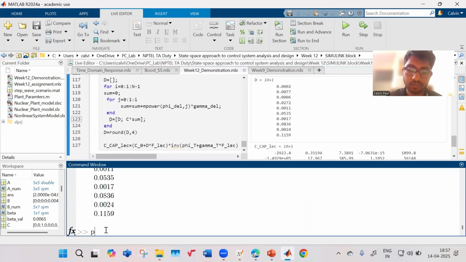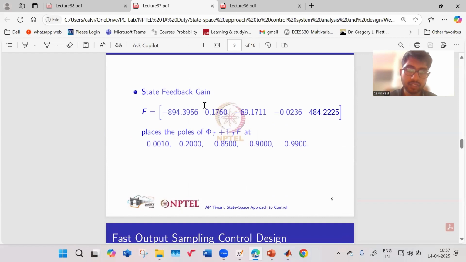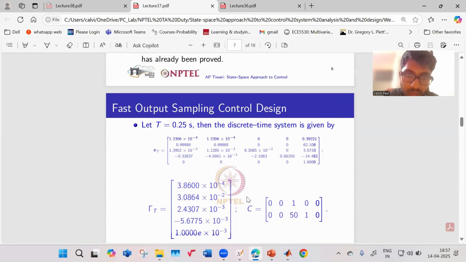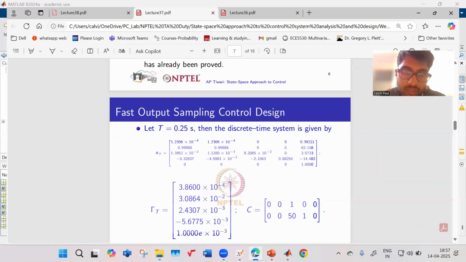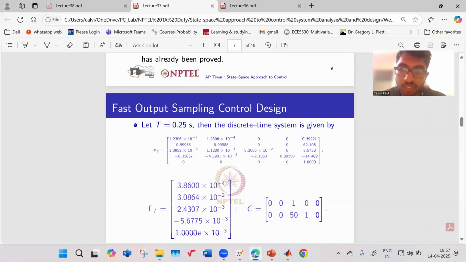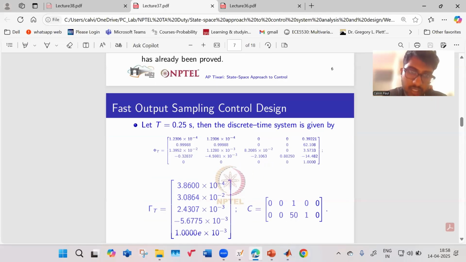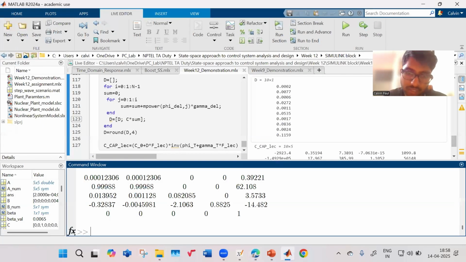What is our phi t? Phi underscore t. This is 1.2366 into 10 to the power minus 4.0012. Okay, 0.39221, 0.998, 0.998, 62.108, 1.013952, 0.00128, 8.00820850, 3.5733.